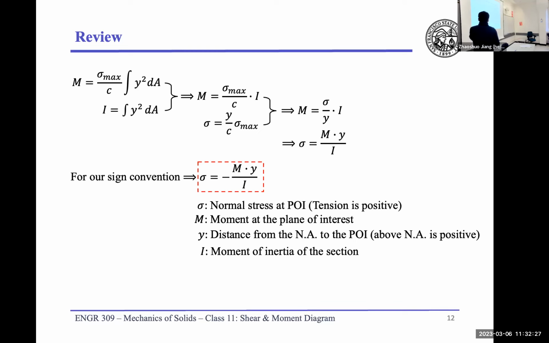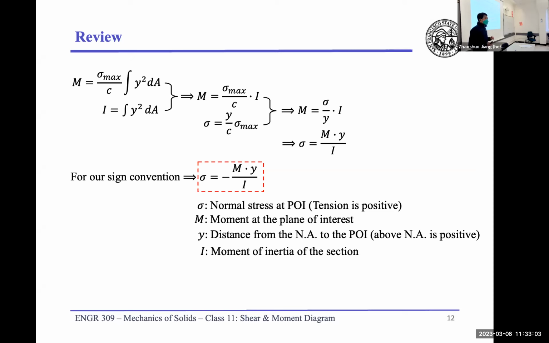One thing I'd like to emphasize again is the sign for the y. If the point of interest is above your neutral axis, your y is going to be positive. If your point of interest is below your neutral axis, your y is going to be negative. And if the normal stress is calculated as a positive value at the end, that means your normal stress is in tension.